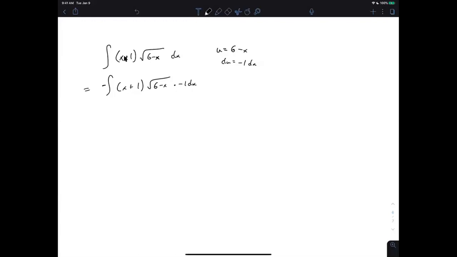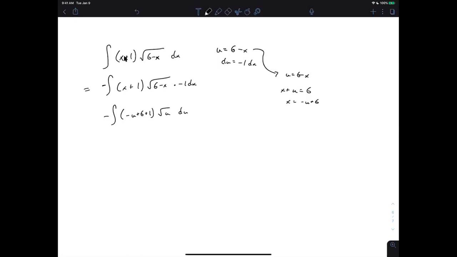Okay. And so now the 6 minus x, we can replace that part with u, but the x plus 1, we need to solve this for x. So if u is 6 minus x, x plus u is 6, and then x is -u plus 6. So I can rewrite this as -u plus 6 plus 1, square root of u du, which is real weird, but does everybody follow that?